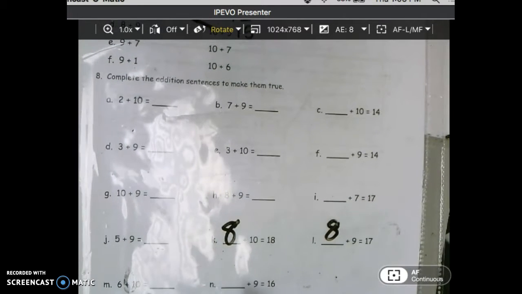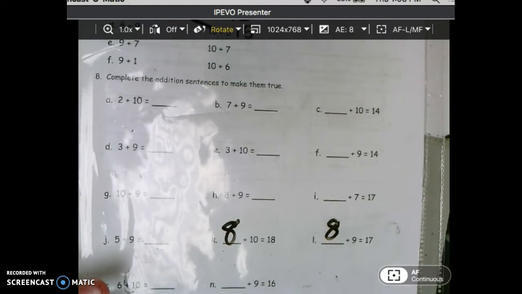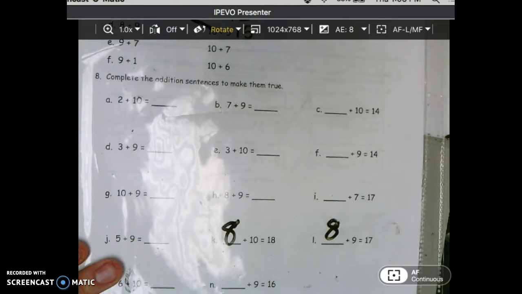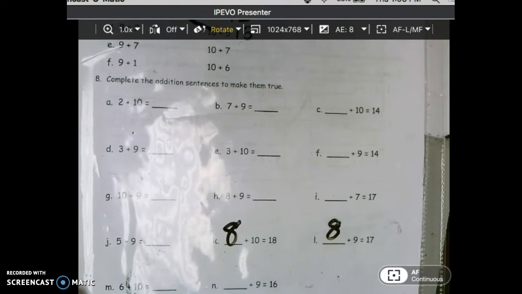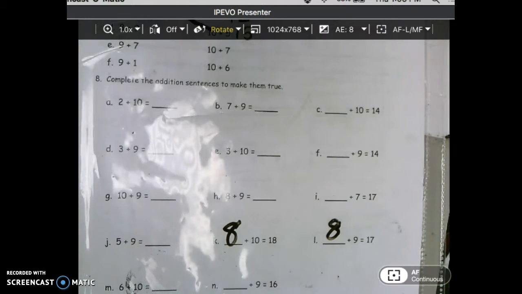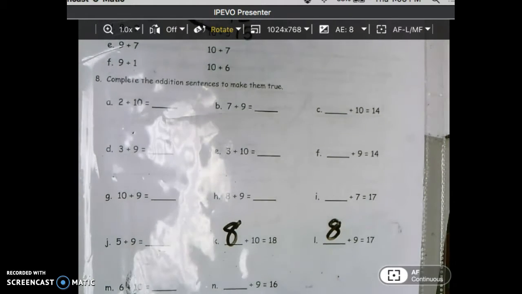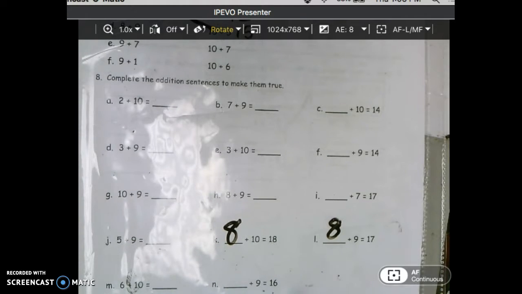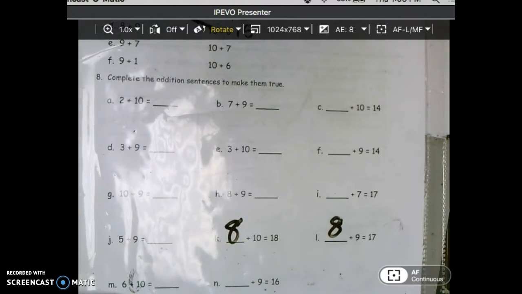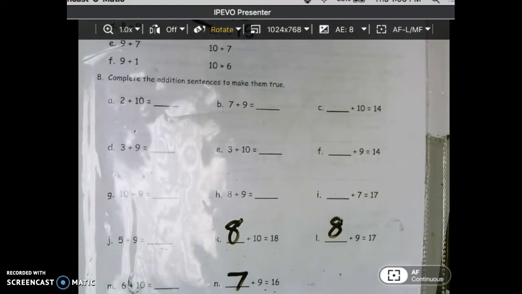What plus 9 equals 16? Matthew? Huh? What plus 9 equals 16? 7 plus 9. Matthew probably went in his head. He probably went, I know 10 plus 6 is 16.